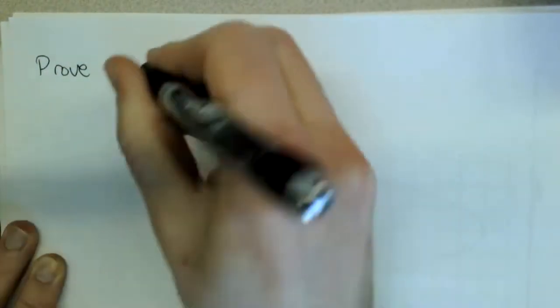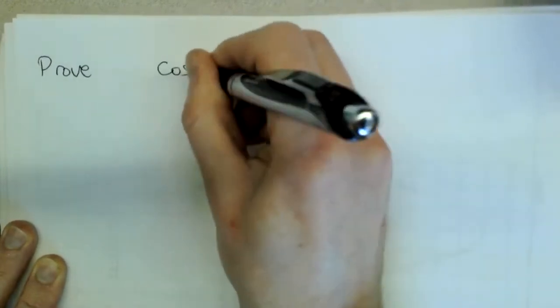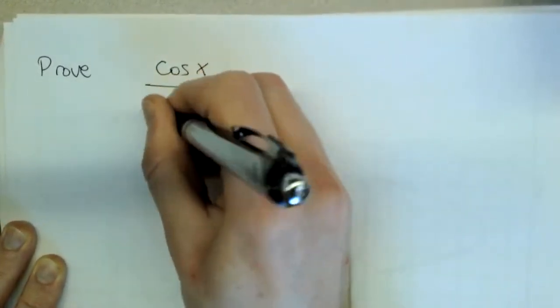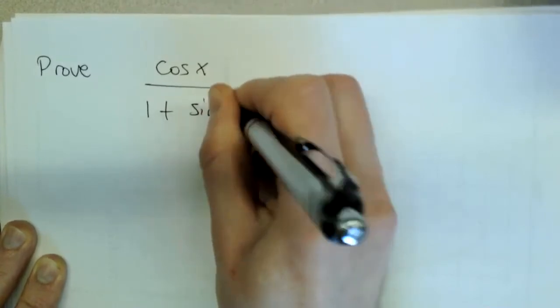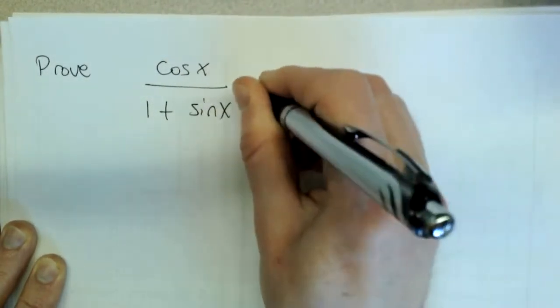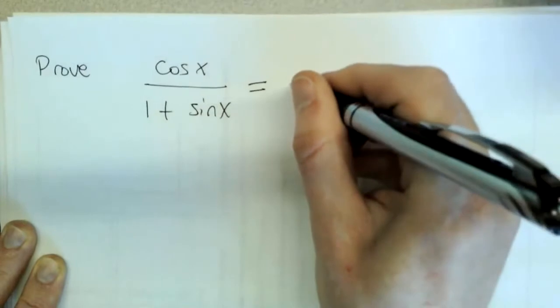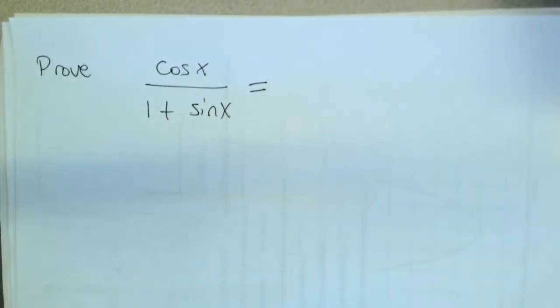So the example that I'm going to do here, I'm going to try to prove the following identity. Cosine x over 1 plus... I know what's going on, I promise it'll be okay. It's also this guy right here, right?